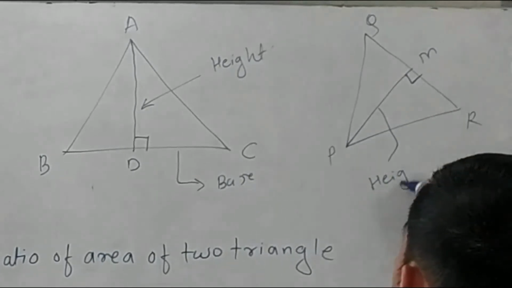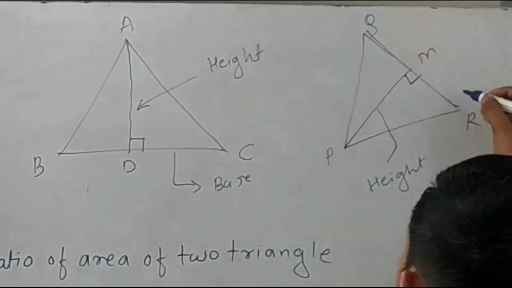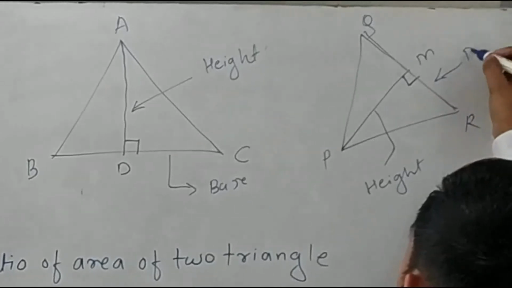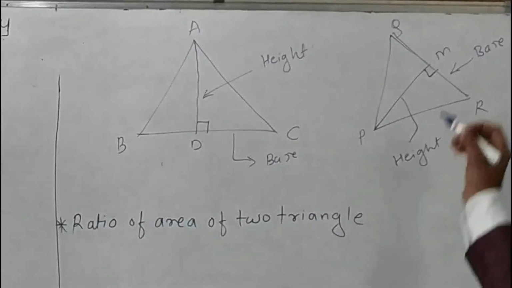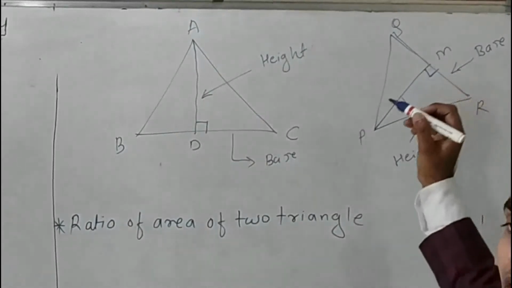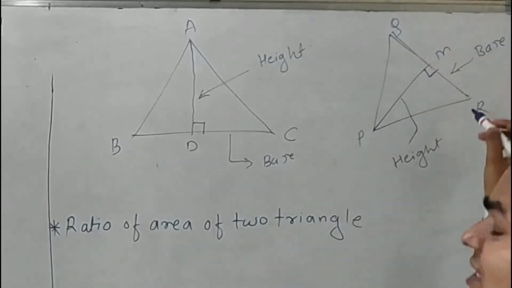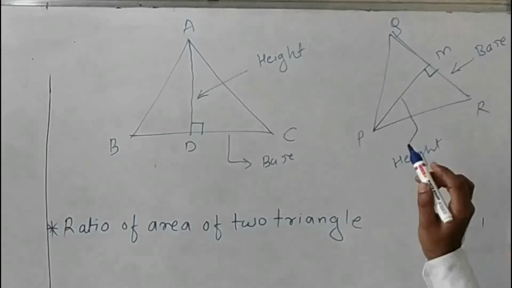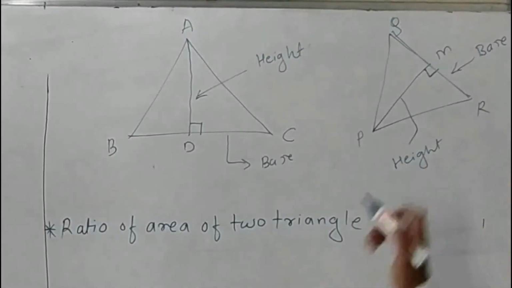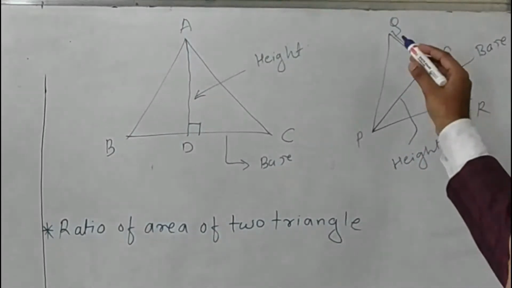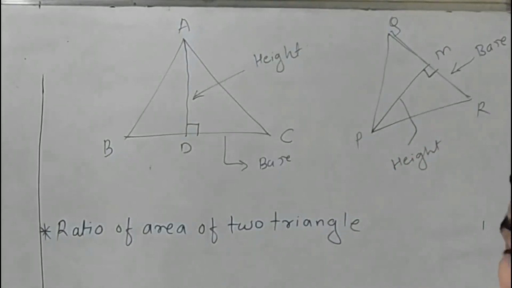This is the height, and QR is the base. So this sign will identify for you the height and base of the triangle. I hope you understand what the base and height of a triangle are.